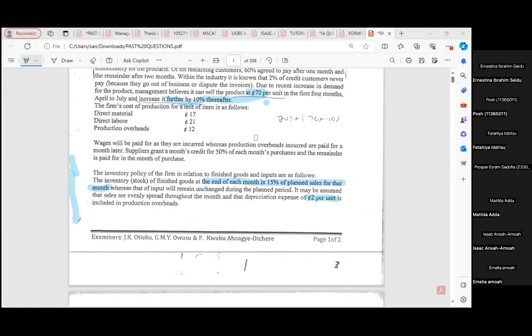Sorry, Ike. Yes, with the depreciation, how did you get it? So you calculated 2% of the required production unit? 2%. Yes. So if the required production unit is 18300, but why am I getting 366?